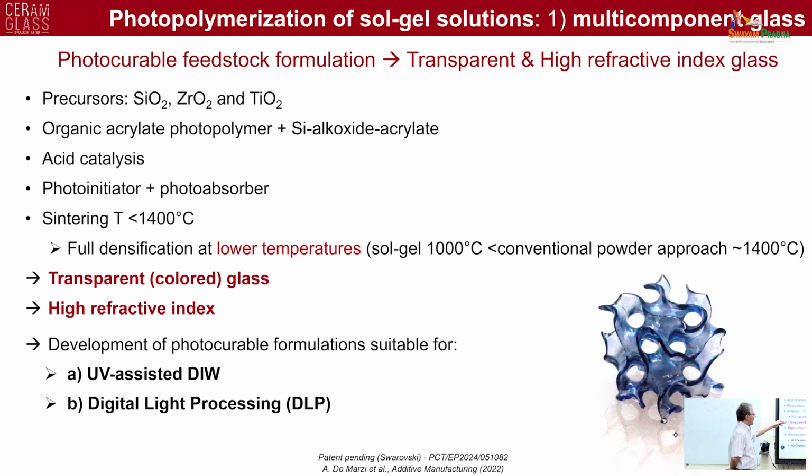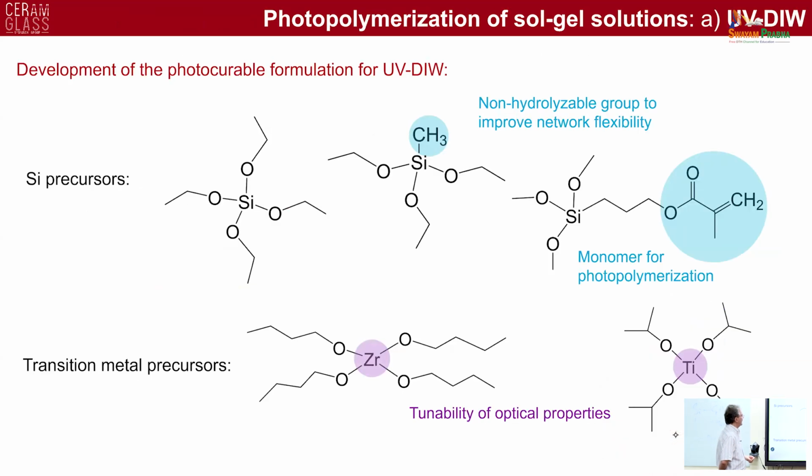So with this approach, we were able to generate high refractive index. I will show you some values. We obtained transparent glass that we were also able to color by simply adding chromophores to the feedstock. And we developed photocurable formulations that are suitable for UV-assisted direct writing and for digital light processing.